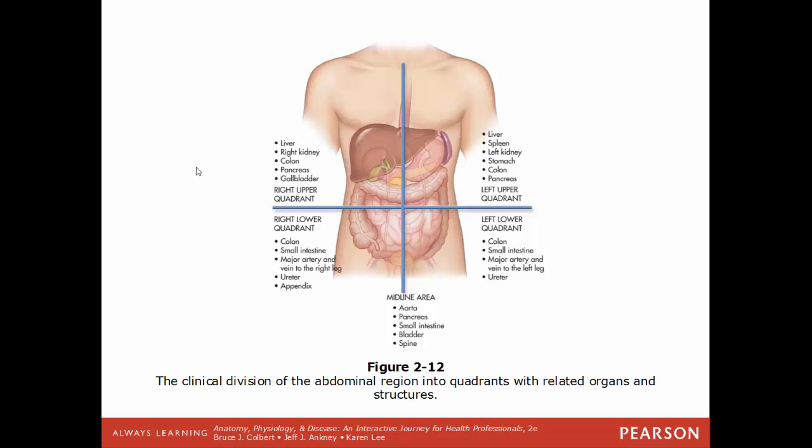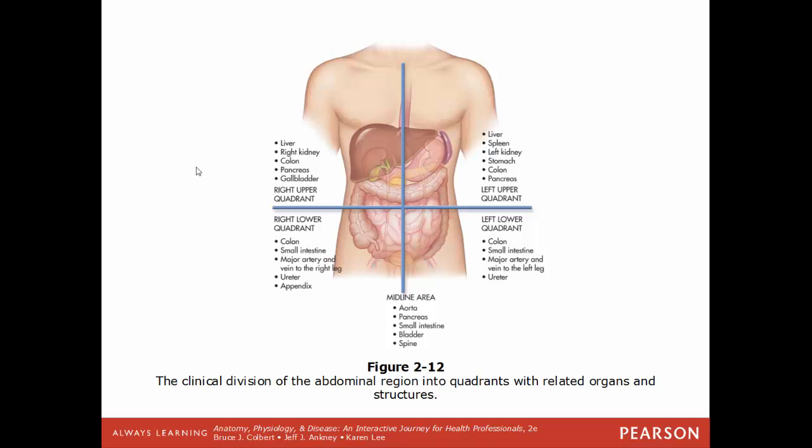A quick list on what could be found in each of these quadrants. For the right upper quadrant, the liver, the right kidney, the pancreas, the gallbladder, some parts of the colon. For the left upper, parts of the liver, spleen, left kidney, stomach, other parts of the colon, the pancreas.